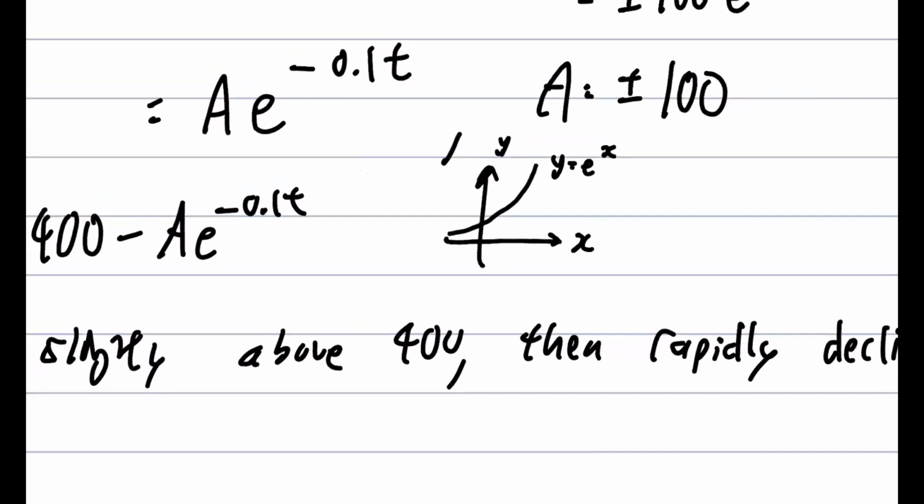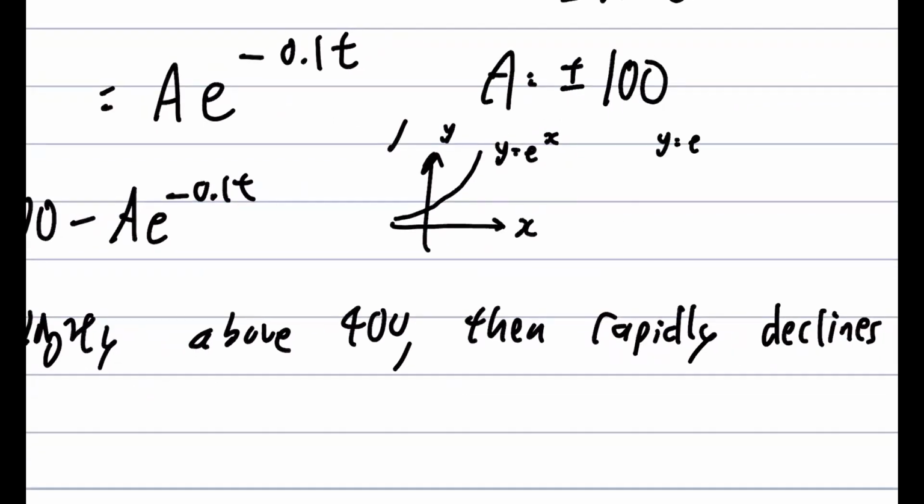But how about y equals e to the negative x? This is just f of x, right? So e to the power negative x is really just f of what? Negative x. Exactly. Then what do you know about negative x?